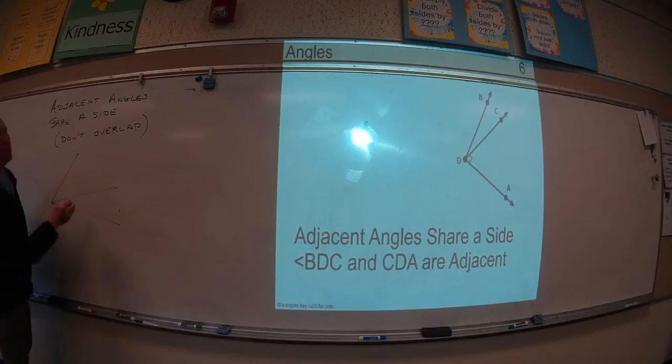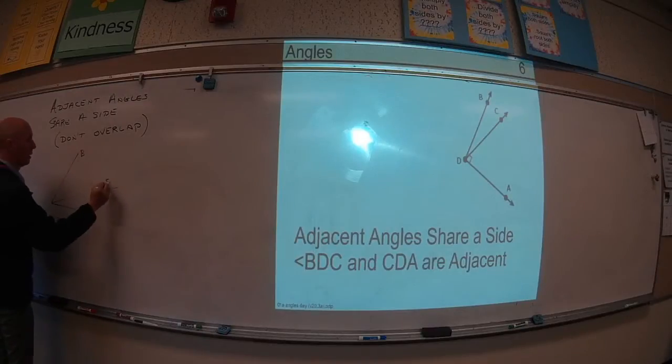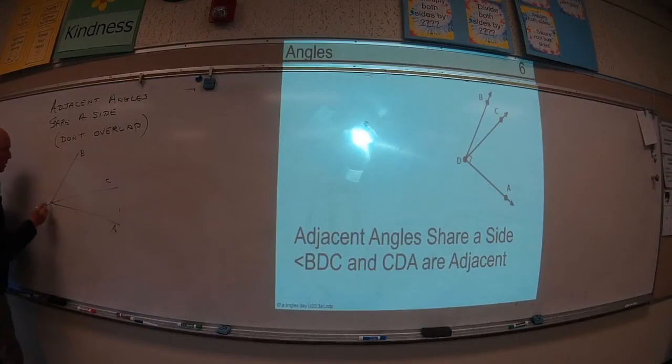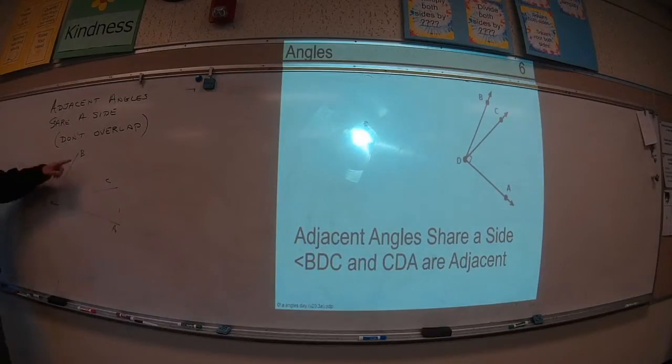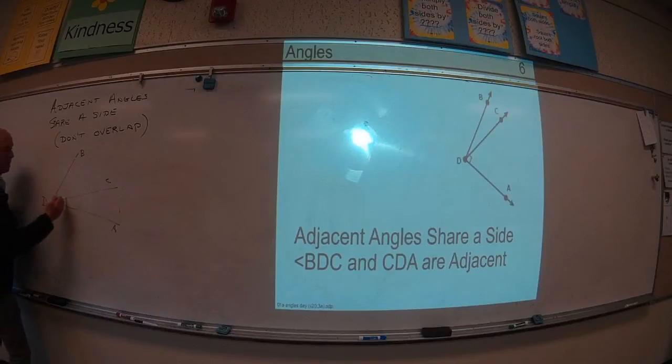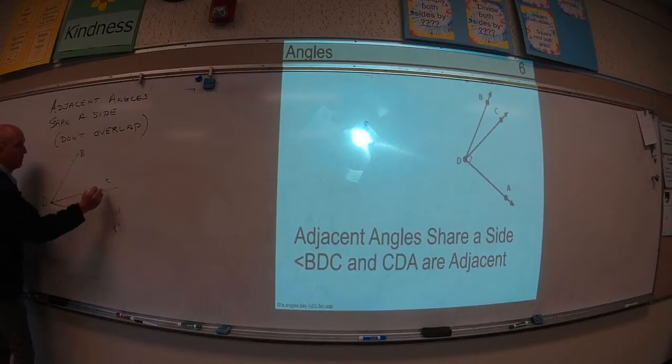Angle BCA. BDC is adjacent to CDA. Why? Because they share that side right there.